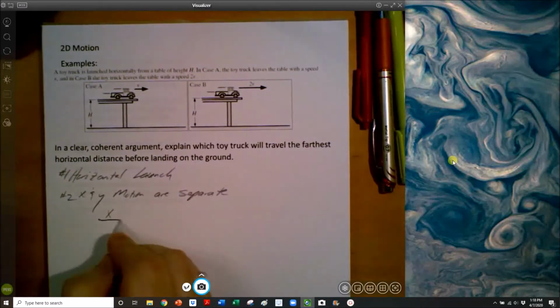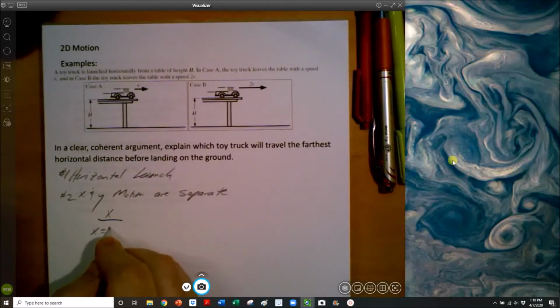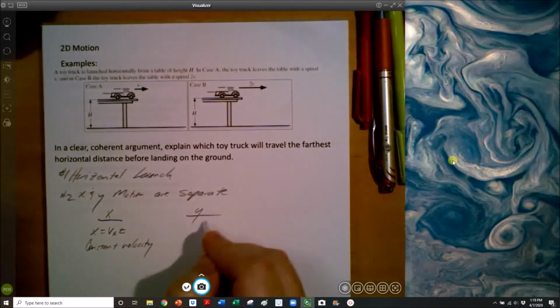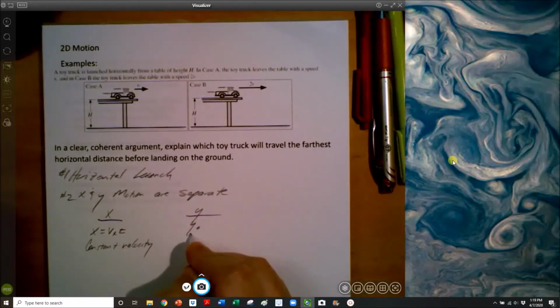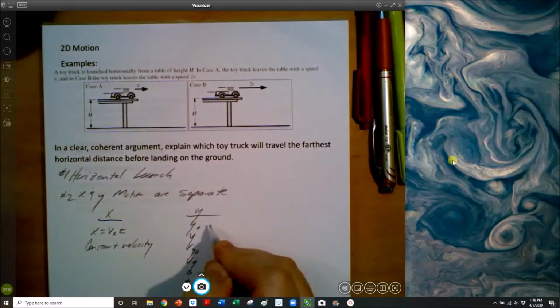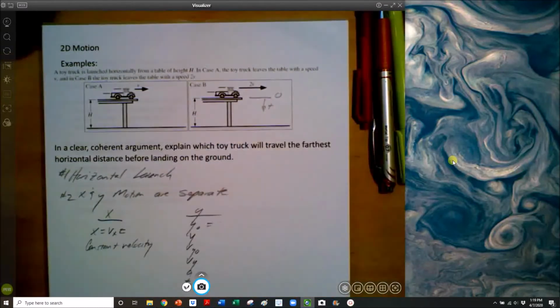So in the X direction, one of them is going faster. And remember that X equals Vx times t. It's constant velocity. In the Y direction, though, we have acceleration. So Y naught, Y, Vy naught, Vy, A, and T. I'm going to call this 0 and down positive, okay, since everything's happening in the downward direction.